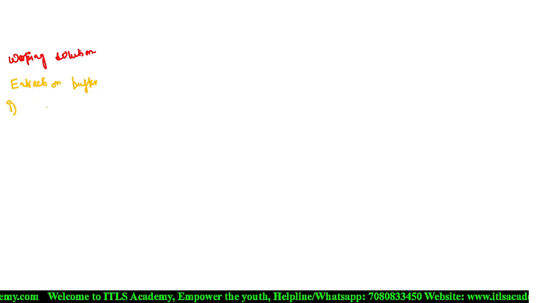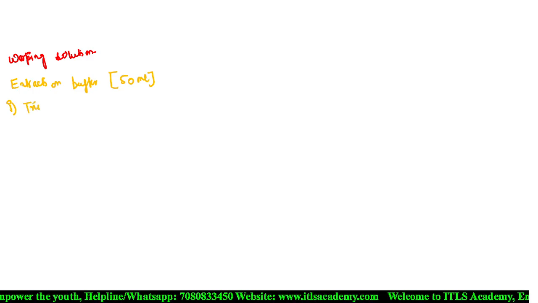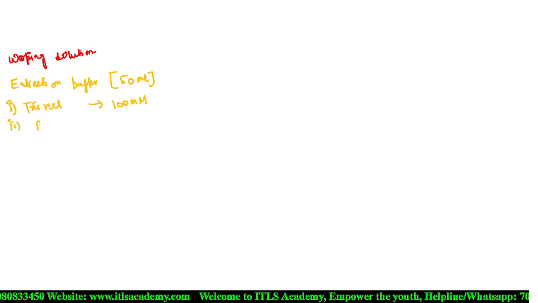The first is your HCl. Now, the final volume of the extraction buffer will be 15 ml. So you have to add the HCl whose concentration is 100 millimolar. The second is your EDTA, whose concentration is 50 millimolar.